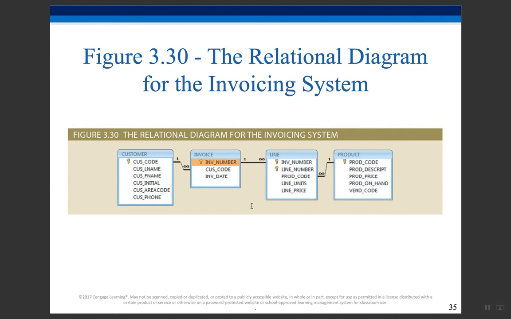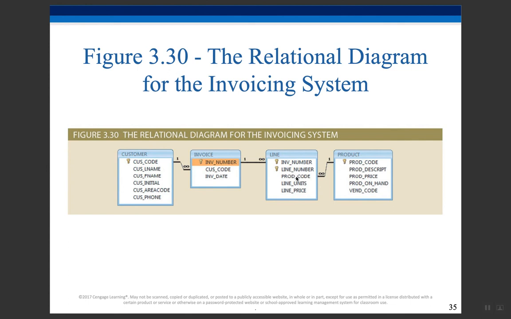So this is, once again, another example of a relational database diagram, with 4 tables. And as you'll see, this is a little better example. We have a 1 on the one side and infinity on the other. The infinity sign means it's the many. So we have one-to-many relationships, linking together the same field.